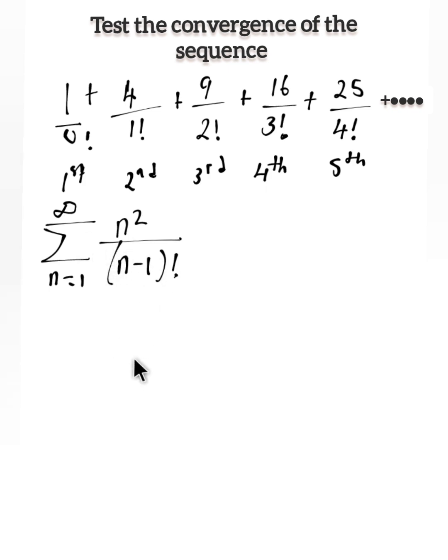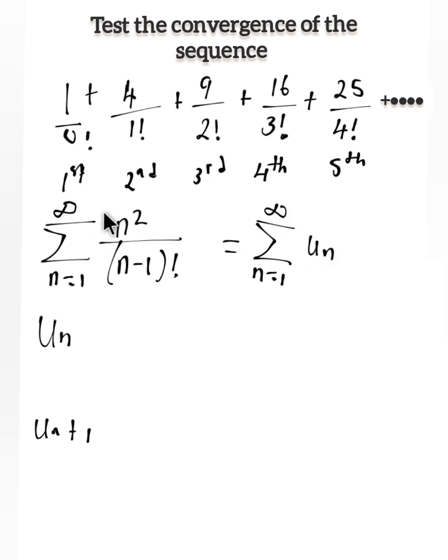Now, while solving with the d'Alembert ratio test, we need un. We also need un plus 1. For un, the ratio test works with the summation from n equals 1 to infinity of un, so the entire expression here is un. So un is equal to n squared all over n minus 1 factorial.